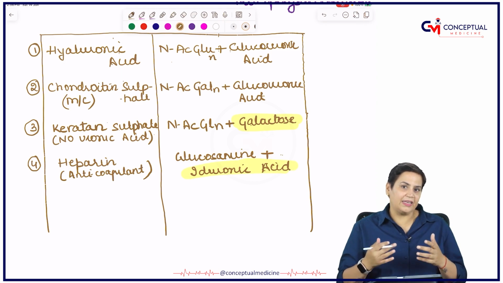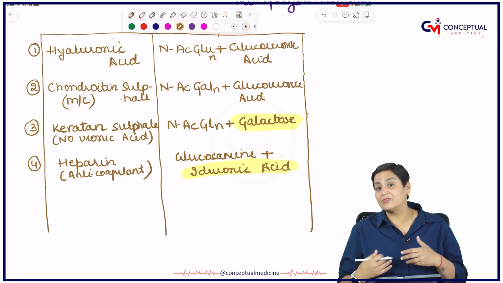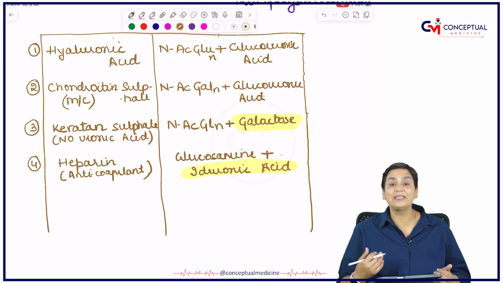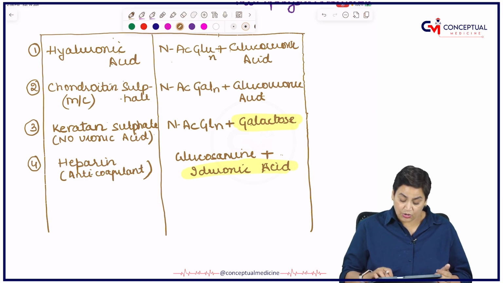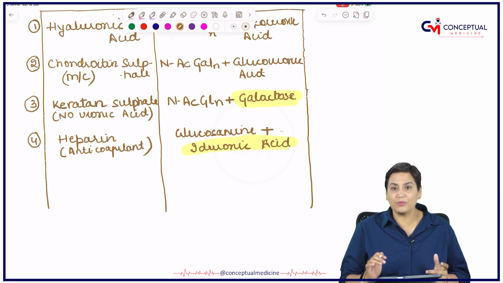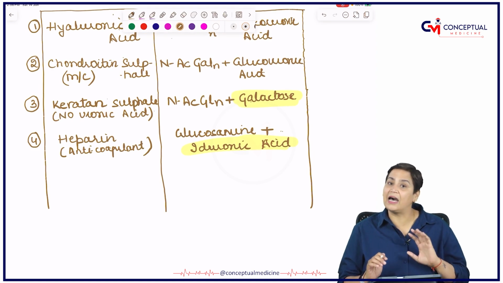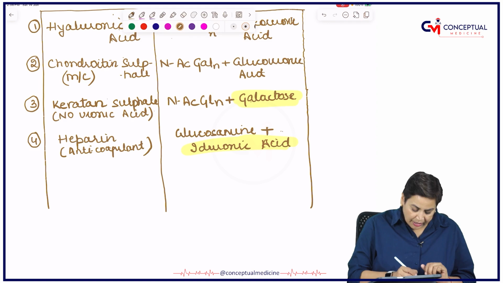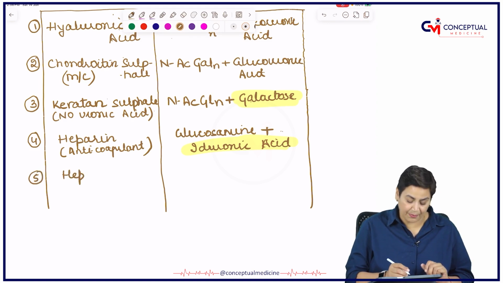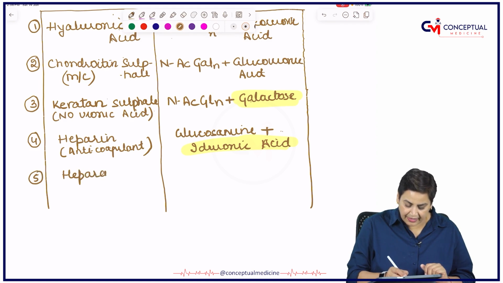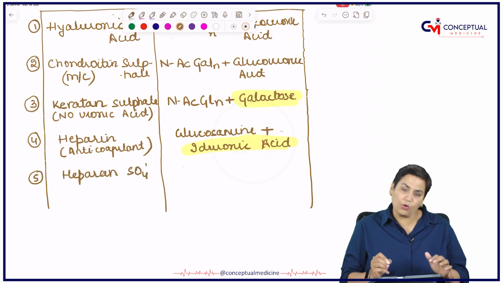Along with heparin, there is one more mucopolysaccharide which is known as heparan sulfate. There has to be a difference because the individual components are different for every mucopolysaccharide. Don't get confused between heparin and heparan sulfate. There is a difference in both.